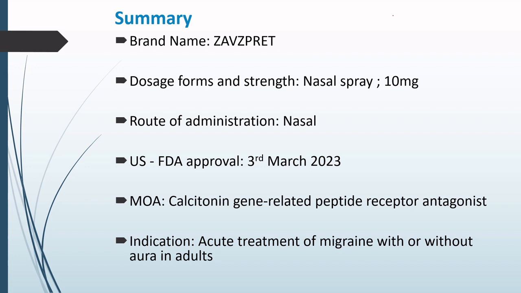This is a calcitonin gene related peptide or the CGRP receptor antagonist, and this drug is used for the acute treatment of migraine with or without aura in adults. However, this drug is not used for the prophylaxis of migraine.